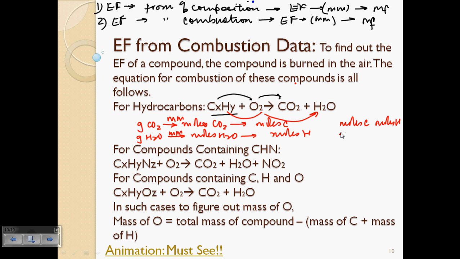Remember, if it is a fourth fraction, then you multiply it by 4 to get a whole number. If it's a third fraction, then you multiply it by 3 to get a whole number. If it is a half, then you multiply it by 2 to get a whole number.